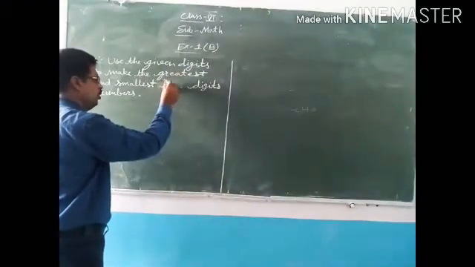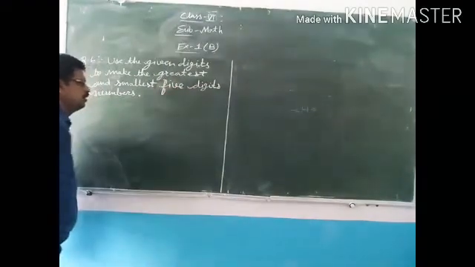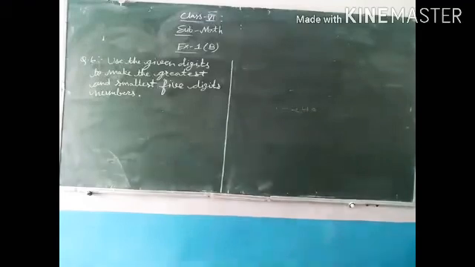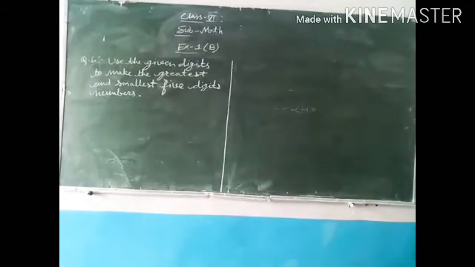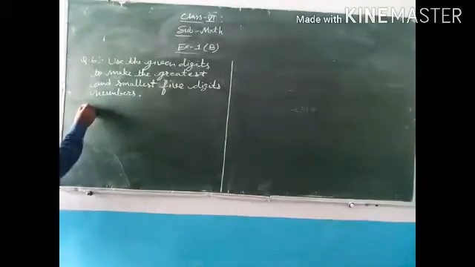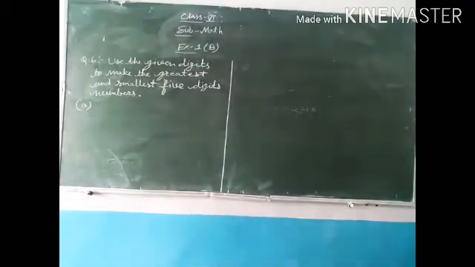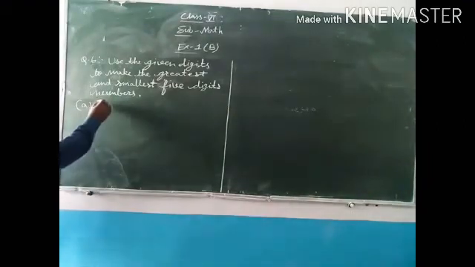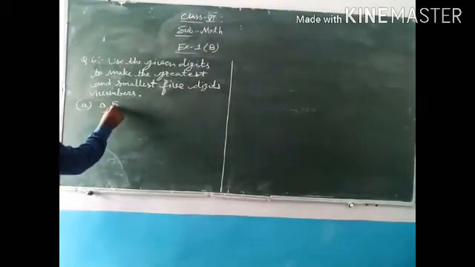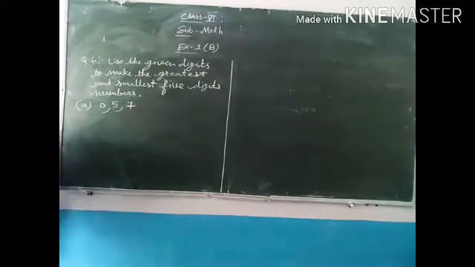Okay, so 5-digit numbers we have to make. And look here in the first part, the digits given are 0, 5 and 7.